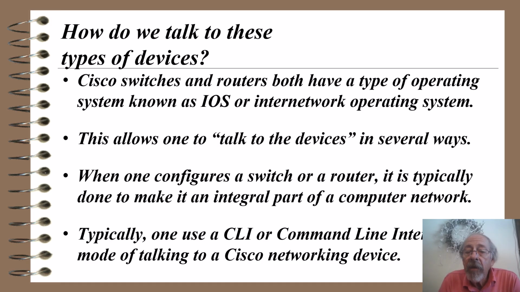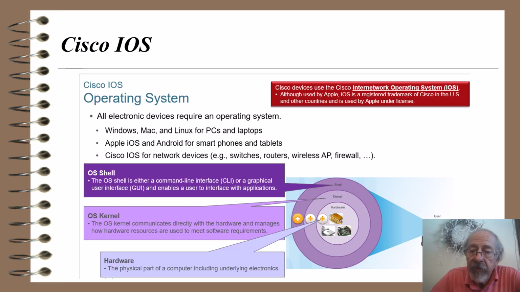This allows one to talk to the device in several ways. When one configures a switch or a router, it is typically done to make it an integral part of a computer network. Typically, one uses a CLI, or command line interpreter mode, of talking to a Cisco networking device.